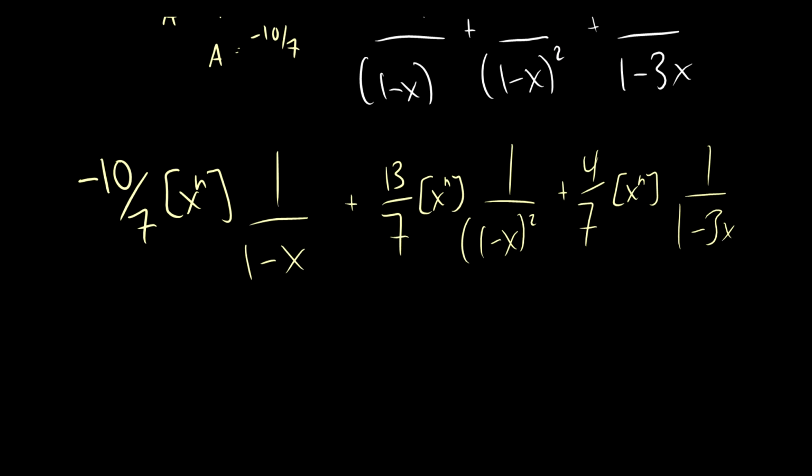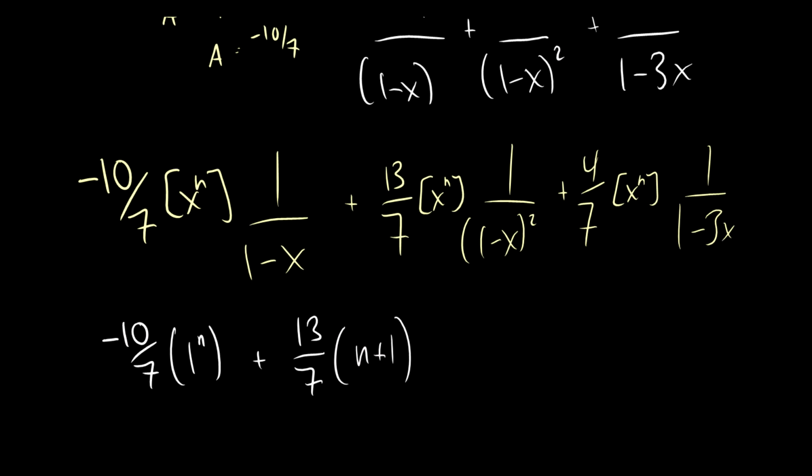So if you remember from that video, this will be negative 10 over 7 times 1 to the n, plus 13 over 7 times n plus 1, because the nth coefficient of 1 over 1 minus x all squared is just n plus 1, and this will be plus 4/7 times 3 to the n.